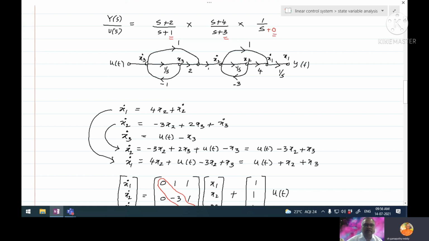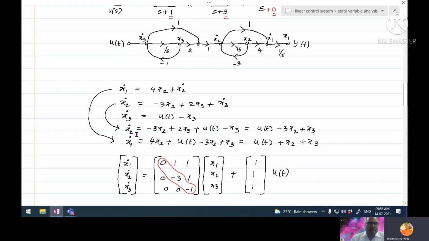So x2 dot is equal to minus 3x2 plus 2x3 plus x3 dot. Then x3 dot is minus x3 plus u of t.